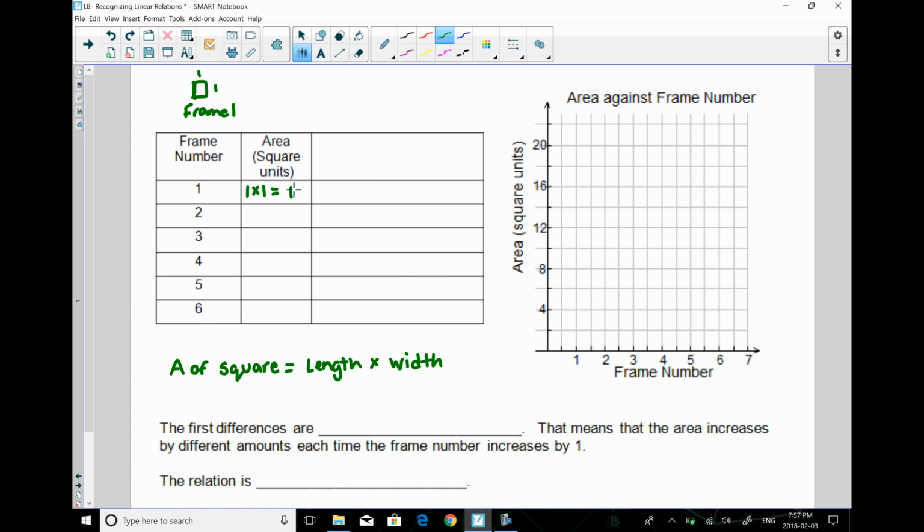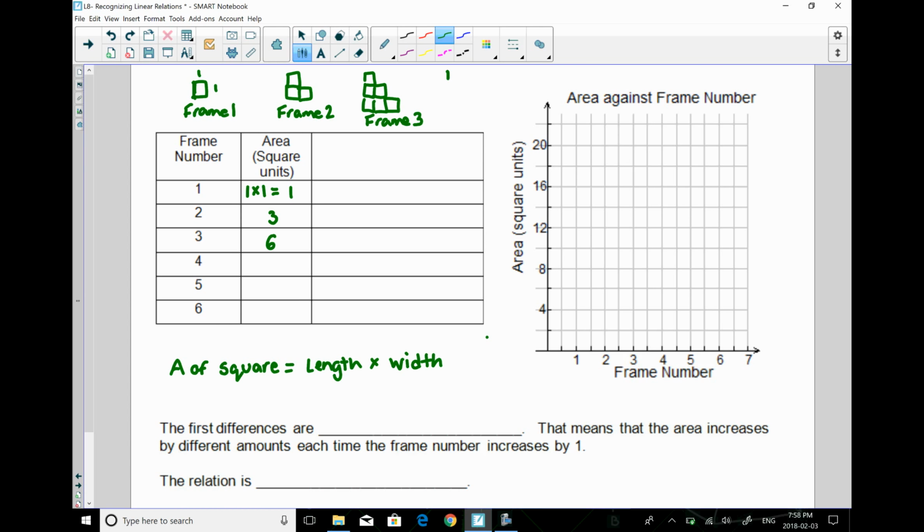The second one is going to be 3, because there's 3 squares in that second frame. The third frame had 1, 2, 3, 4, 5, 6 squares, so that's going to be 6 units squared.